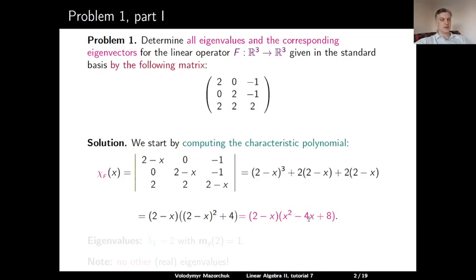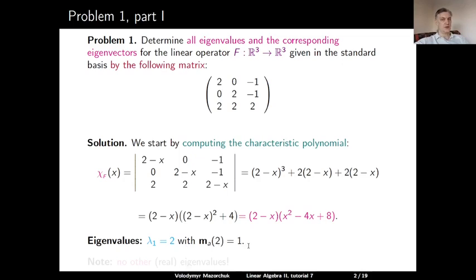Because 4 squared, which is 16, minus 4 times 1 times 8, so minus 32, is a negative number, this quadratic polynomial does not have any real roots. Therefore, the only real root of this cubic characteristic polynomial is x = 2, so lambda 1 is equal to 2, and the algebraic multiplicity of this root is 1.